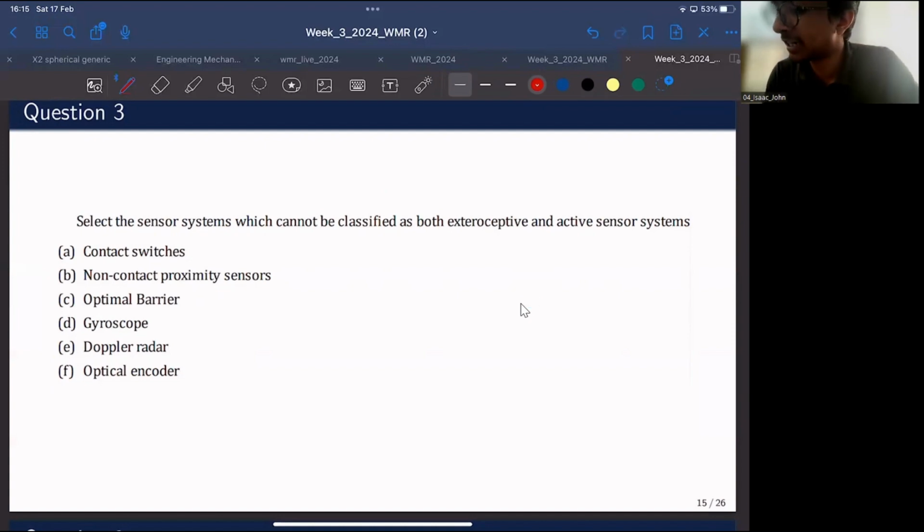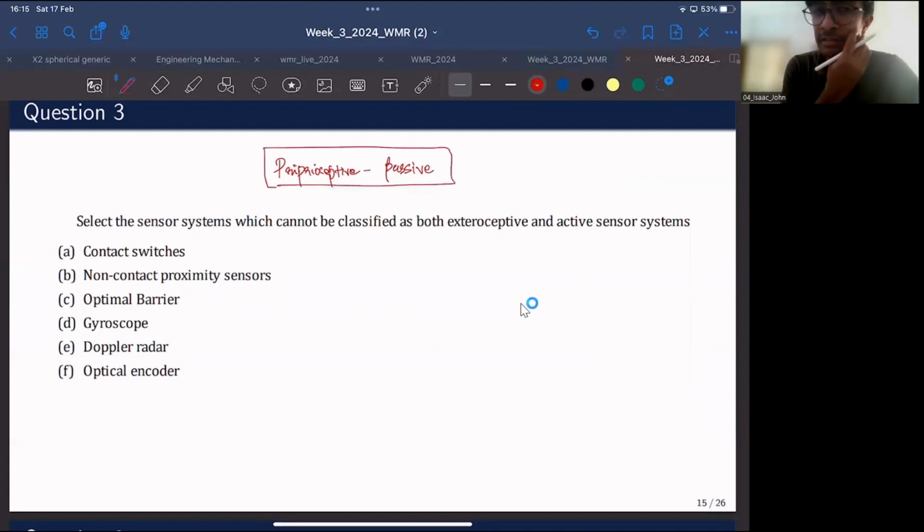So what we are looking for are sensors that are proprioceptive and passive. The option that satisfies that, a proprioceptive passive sensor, should be the correct answer.